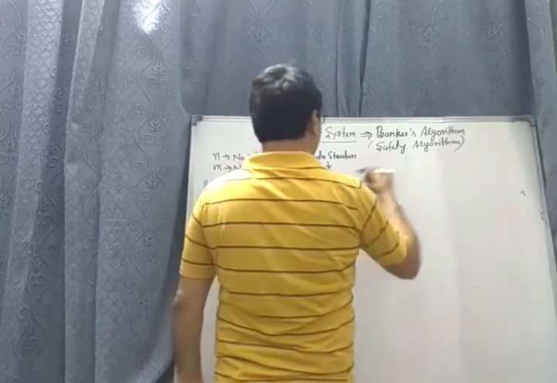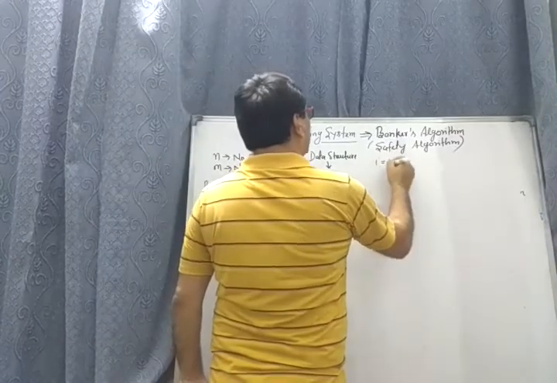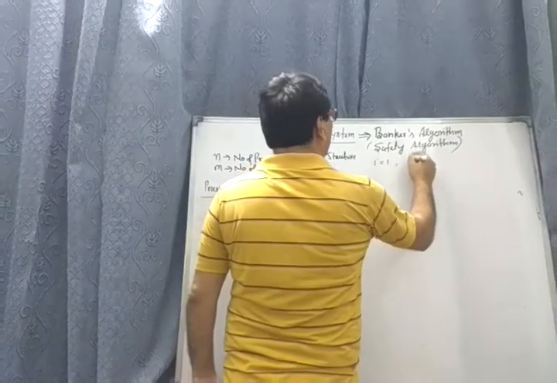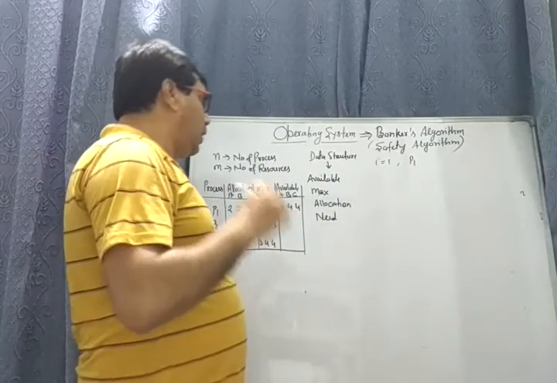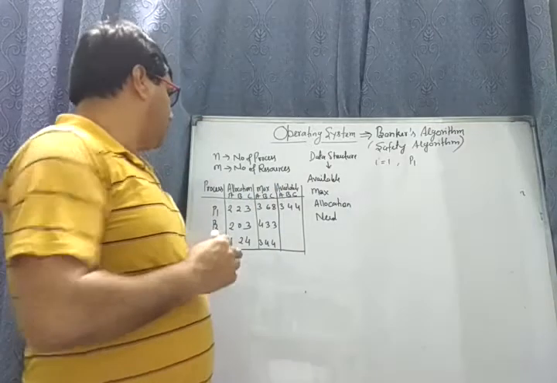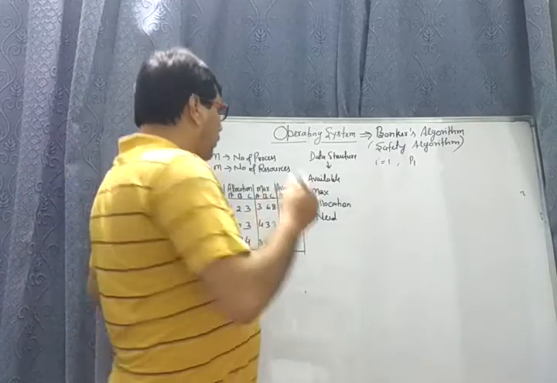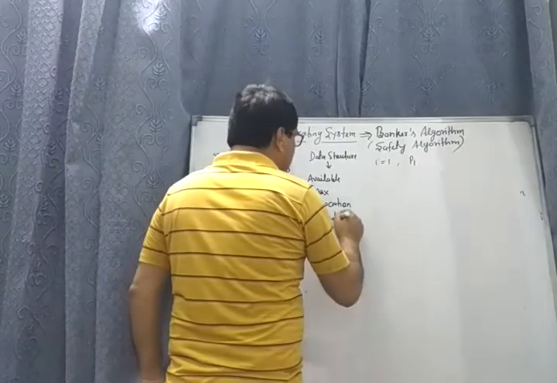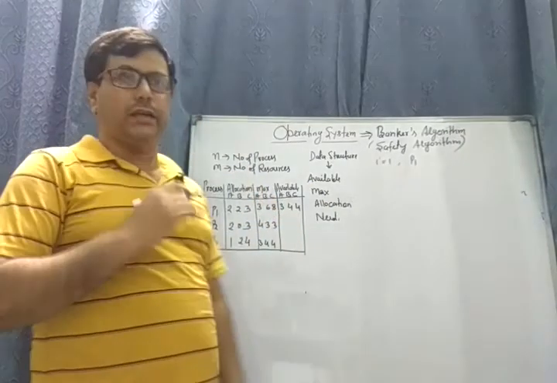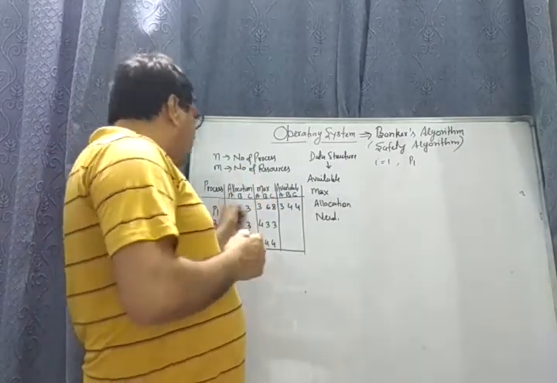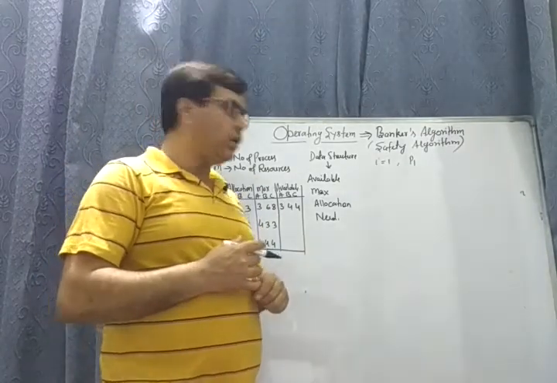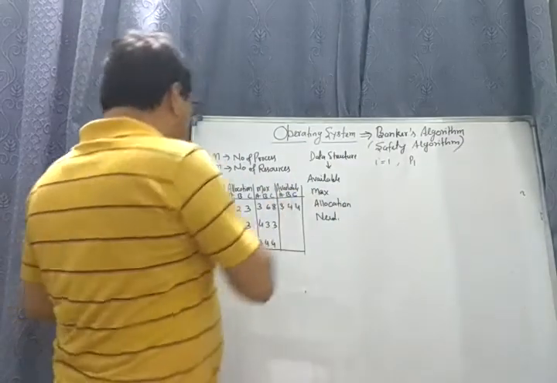Now look here, for i equal to 1 we take process P1. Right now we require the need variable. It is also a two-dimensional array and need is equal to maximum demand minus allocation. So first of all we will find out the need matrix here.